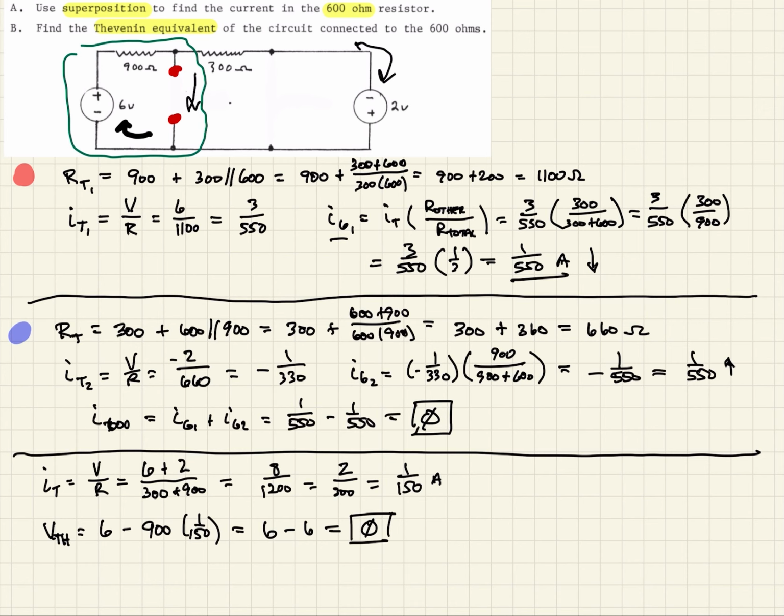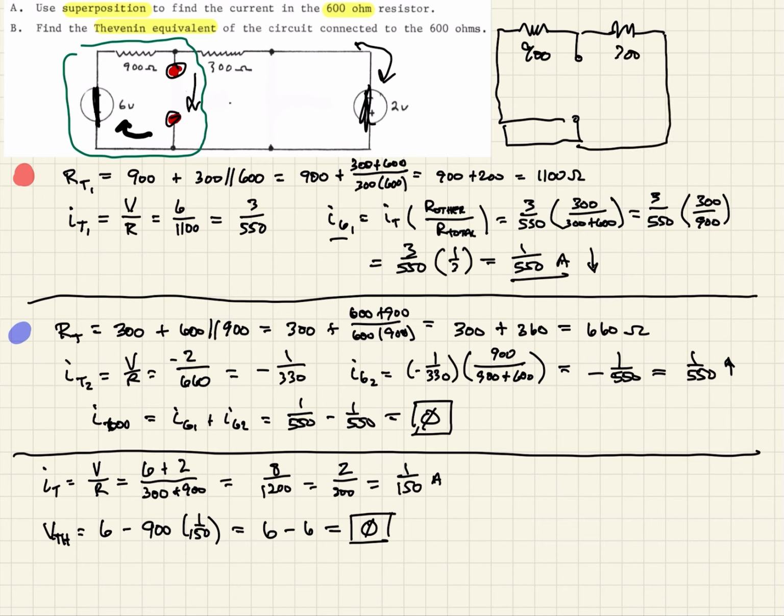Now we need to look from these terminals here. If we were to short out the voltage sources, which is what we do when we find Thevenin resistance, and then calculate the resistance, we have our terminals here. We come up and have a 900 ohm resistor, and then we have our 300 ohm resistor. You should be able to see that those are in parallel.